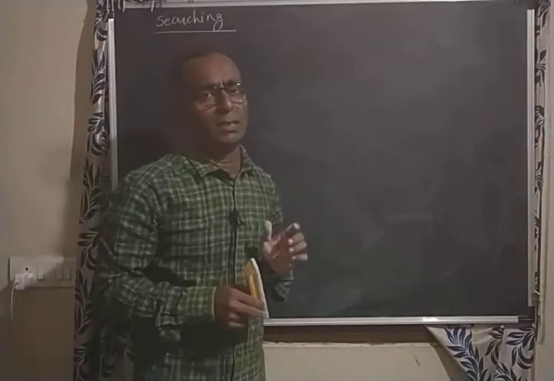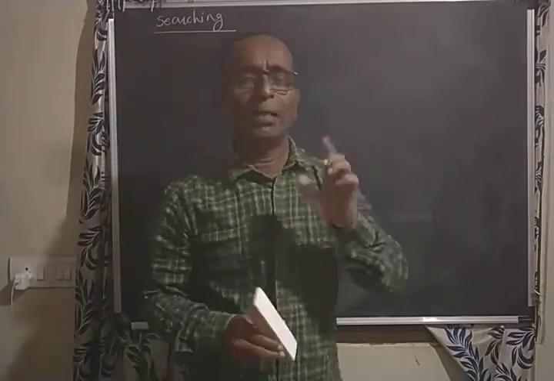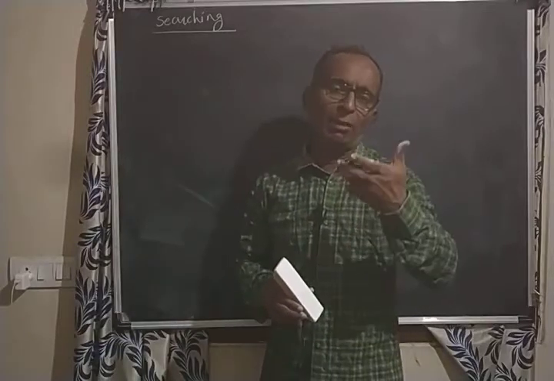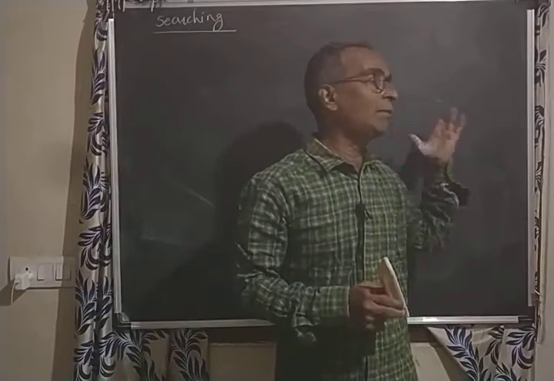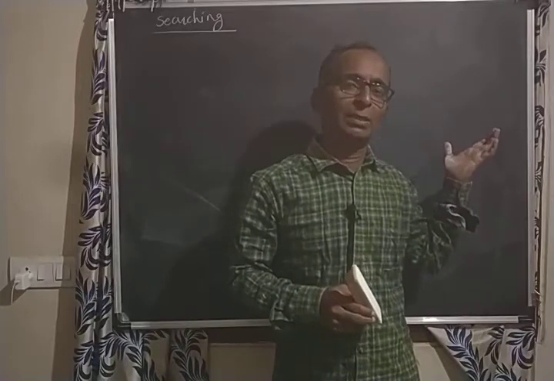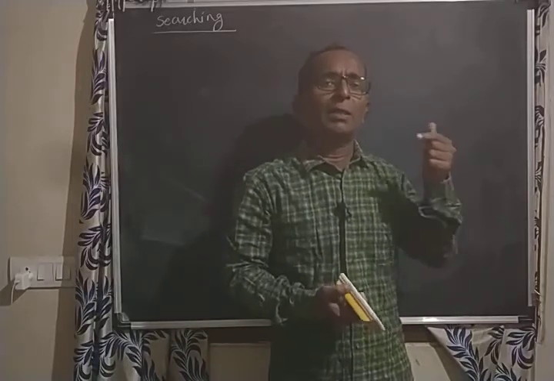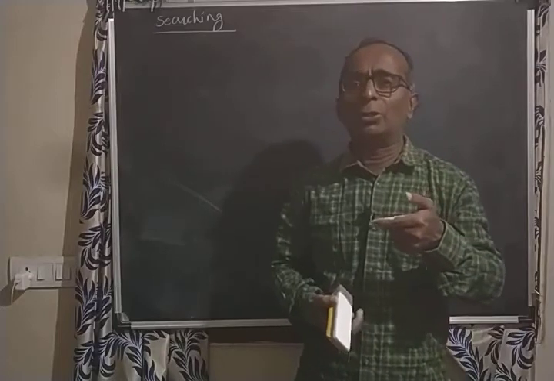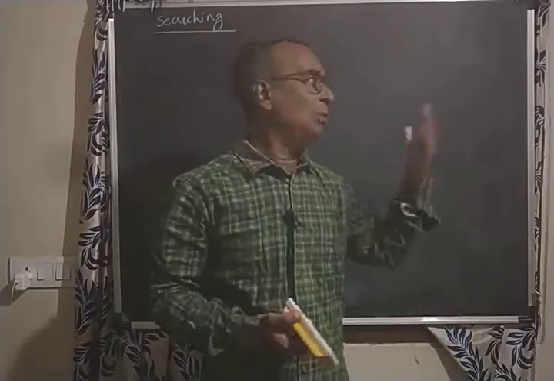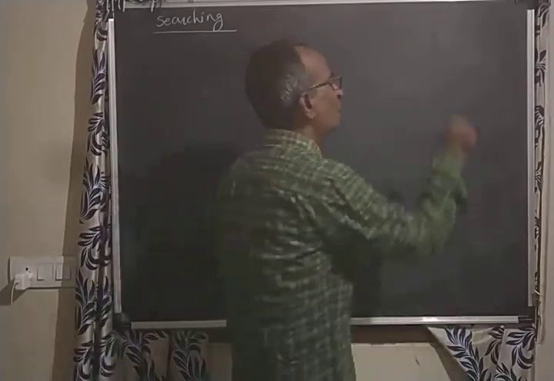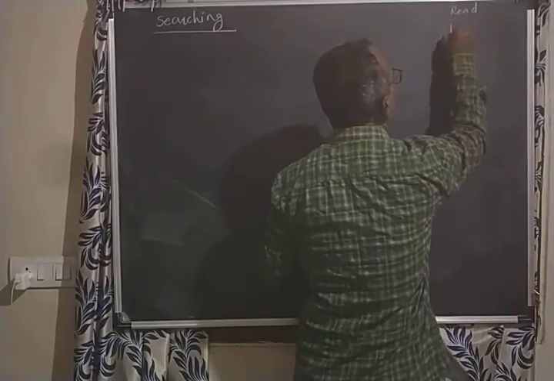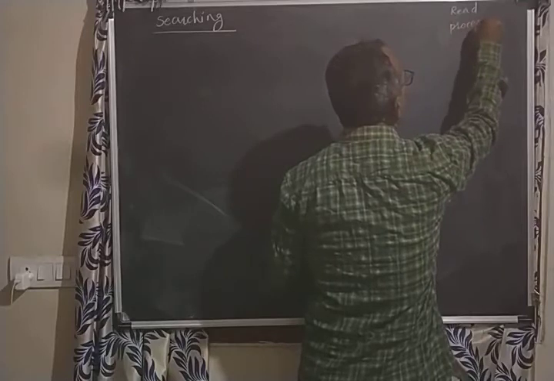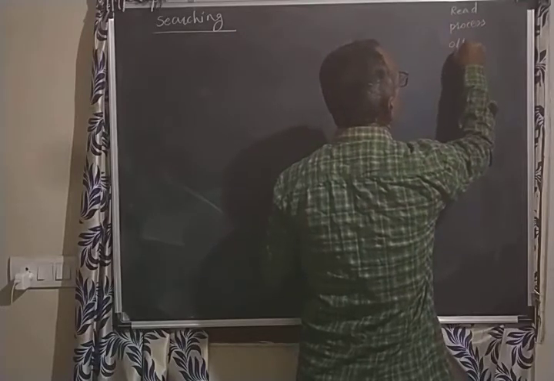So for linear search, what is required? We have to have a list of elements. So prepare or make one list of elements. We are simulating this. Then you have to give the key element, or element to be found, and you have to process that. So always see, you have to read, you have to process, and you have to give output.